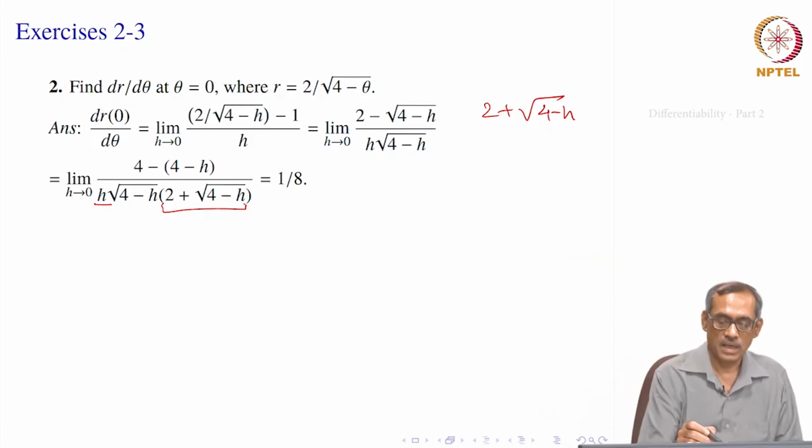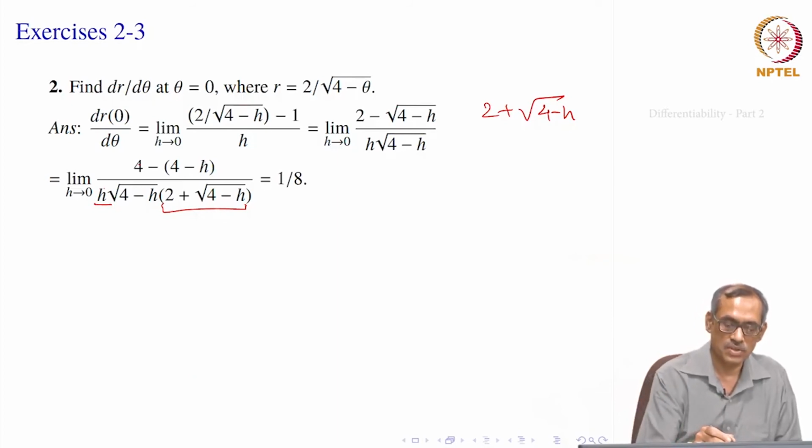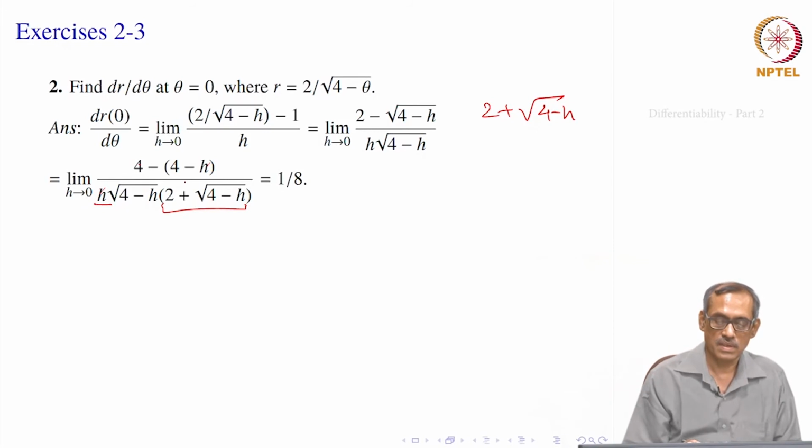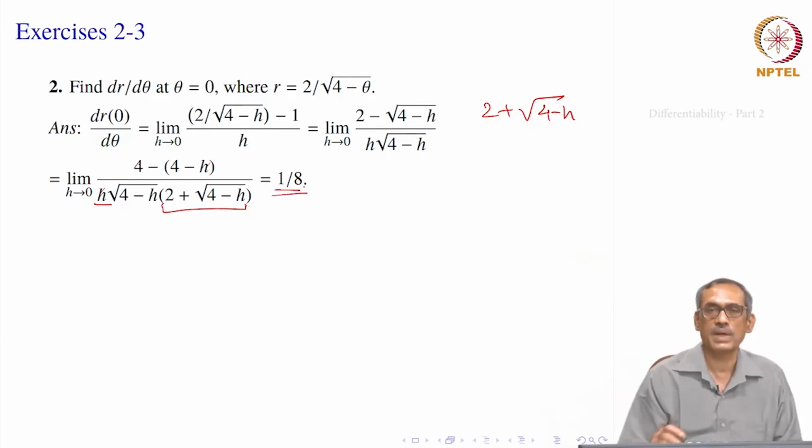Now, when you simplify the numerator, 4 and 4 cancel and this becomes positive h, that h cancels with this. So, once that is cancelled, you have 1 in the numerator. Denominator, if h goes to 0, gives you 2 first factor, into next is 2 plus 2. So, it is 4 into 2, 8. So, the answer is 1 divided by 8.